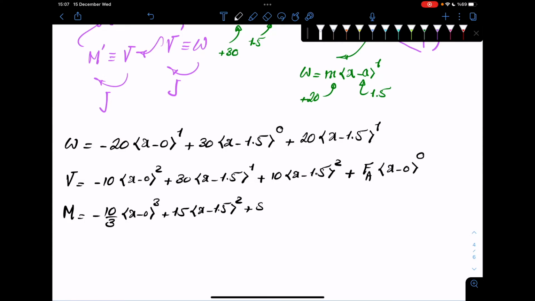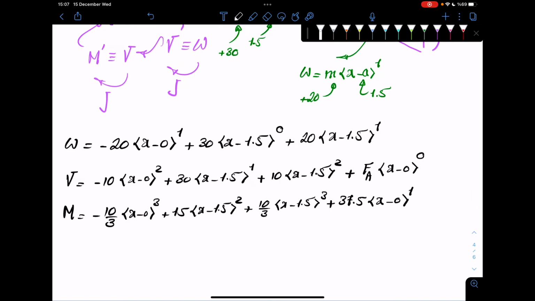Sorry, plus 10 over 3 x minus 1.5 to the power 3 plus Fa. And what was Fa? It was 37.5 anyway. So 37.5 times x minus 0 to the power 1 for now, okay?